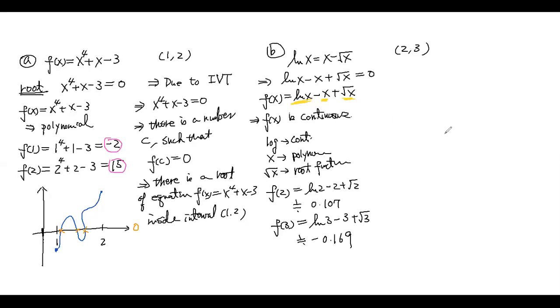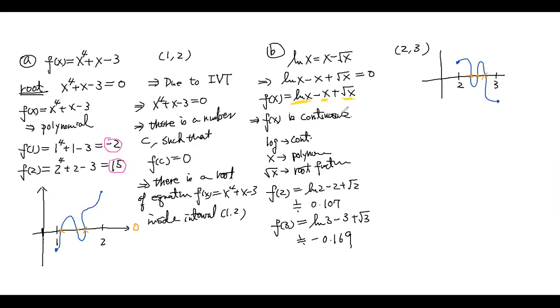Just like we did before, I don't know exactly what this function looks like. At 2 it starts with some positive number, so it could do something, but when it comes to 3, it's negative, right? So it has to pass the x-axis. That's the root. So I know I can find one c.